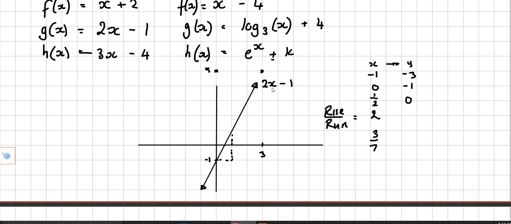Well, 2 times 3/7 is 6/7, and then I've got to subtract 1, so I'm left with minus 1/7. Yeah? So input, output, and that will be a point somewhere that makes up the line. So you've got to think of these lines, whether it's a straight line or a curve, as an infinite number of points.